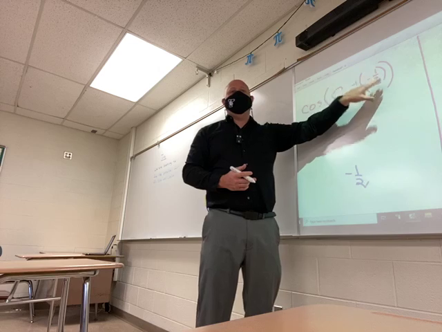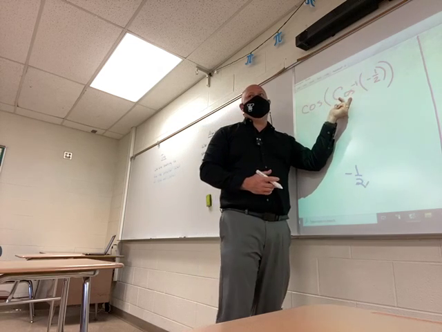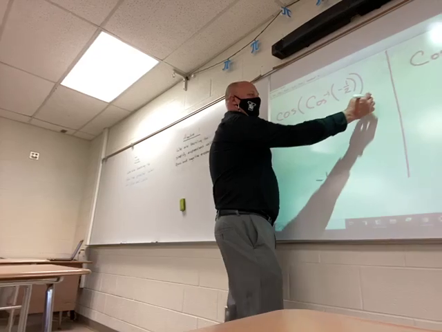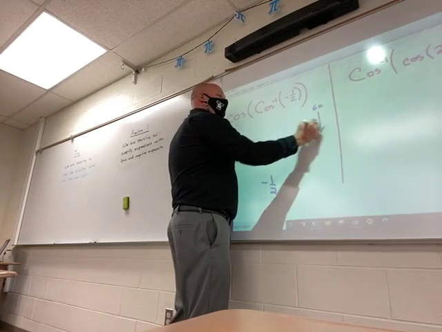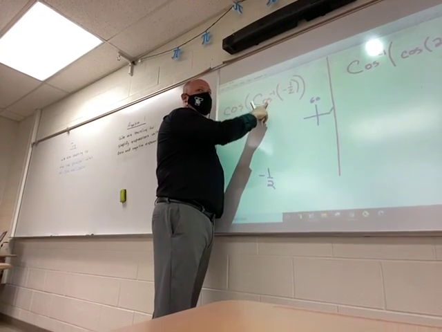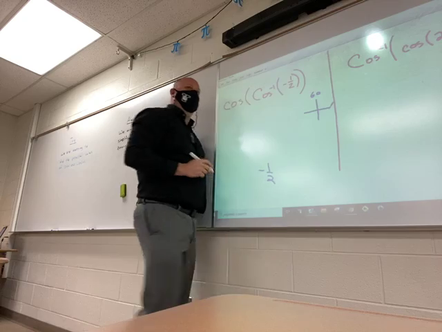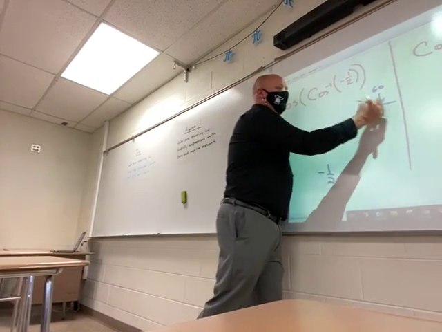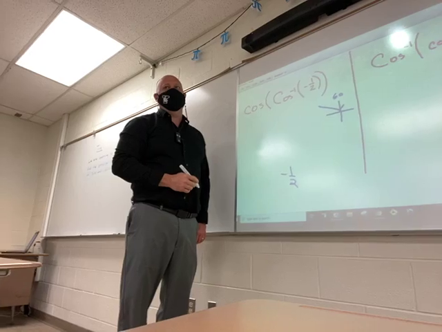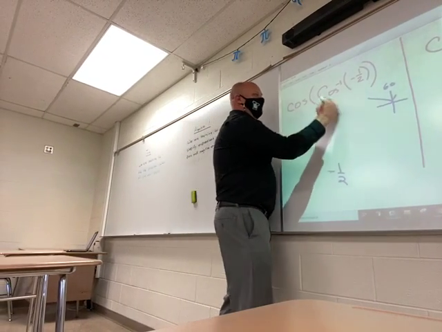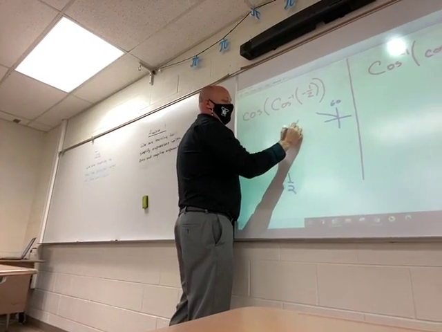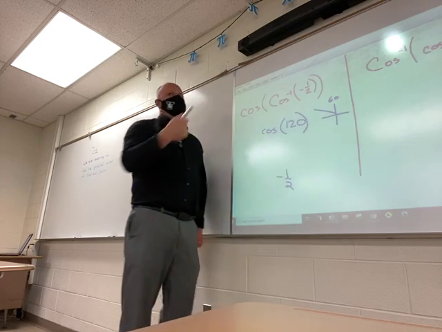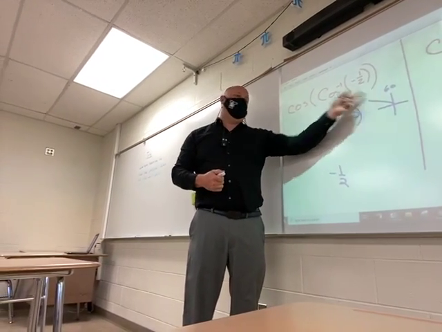To solve these, you go inside out. So inverse cosine of a half. When does cosine equal a half? Well, that's 60. For cosine principal value, what's the quadrant we want for negative? Second quadrant. What's a 60 in the second? 120. So the answer to this is 120. Then we have to take the cosine of 120. Well, again, it's a 60-degree angle in the second quadrant.